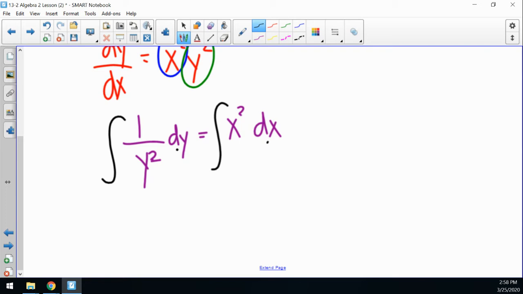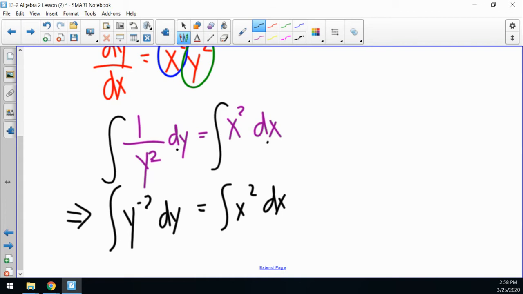When you take the integral of 1 over y squared, it's really like y to the negative 2, so I'm going to say it's the same as y to the negative 2 dy, and that is equal to x squared dx. We know how to do this.